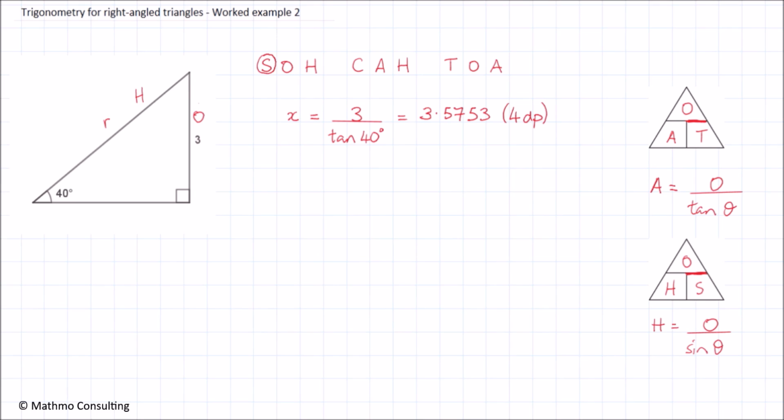And so that means that we can write R is equal to 3 divided by sine of 40 degrees, which is 4.6672 to 4 dp.